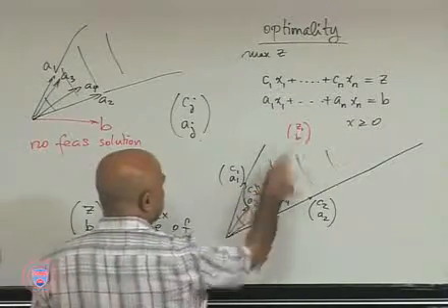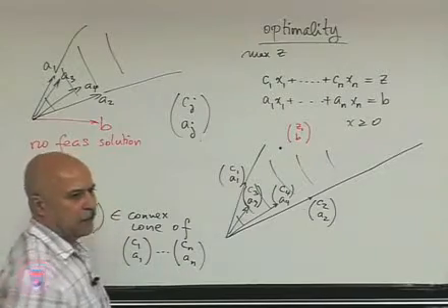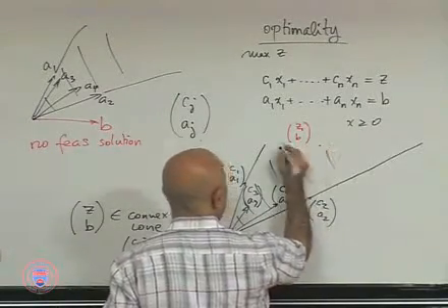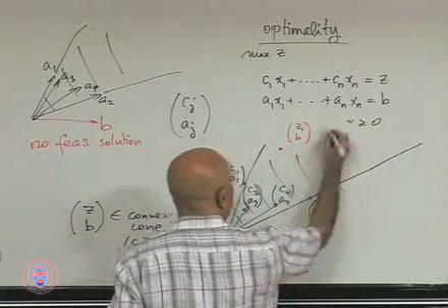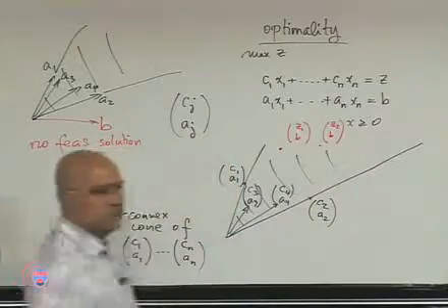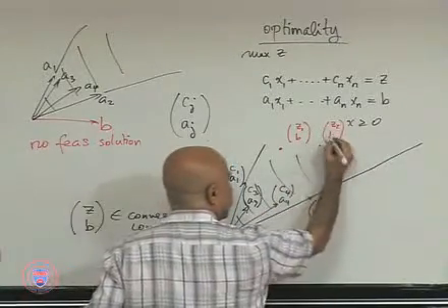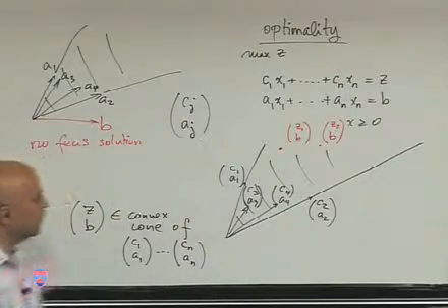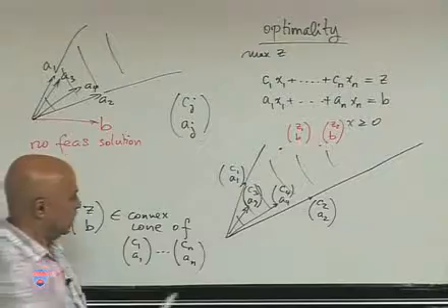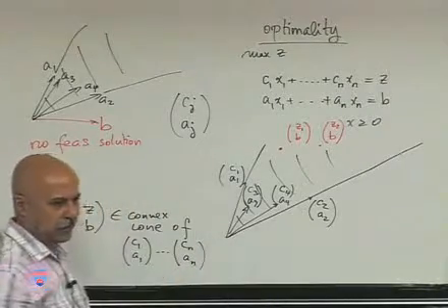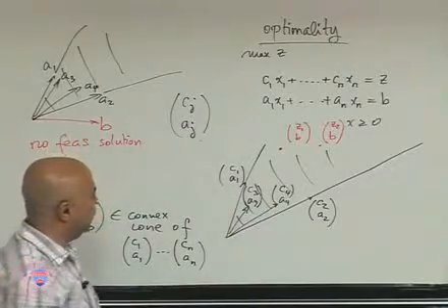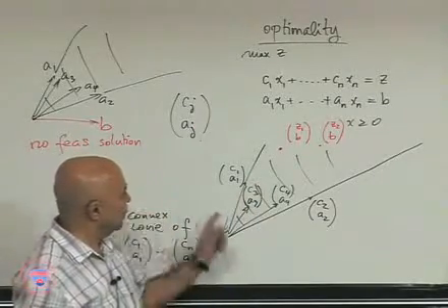Now, if I wanted to make Z larger and get another point here, this will be Z2 and B, right? Can you see that? All right, they are at the same height relative to the horizontal axis. There's a horizontal axis here, there's a vertical axis. Why are they at the same height?